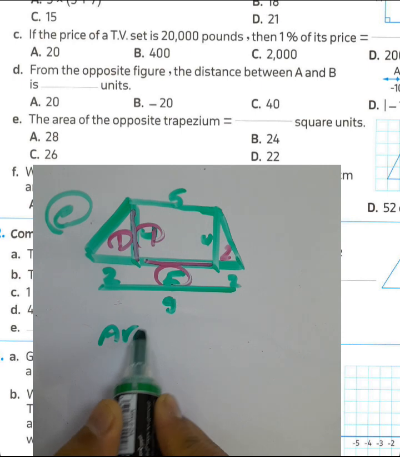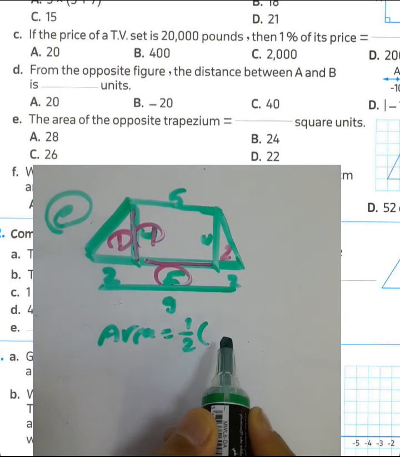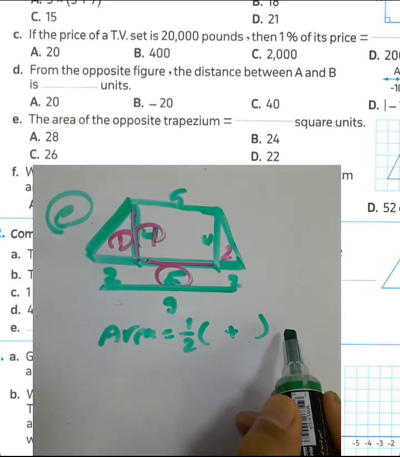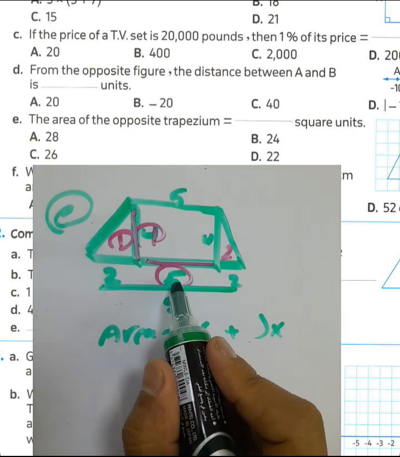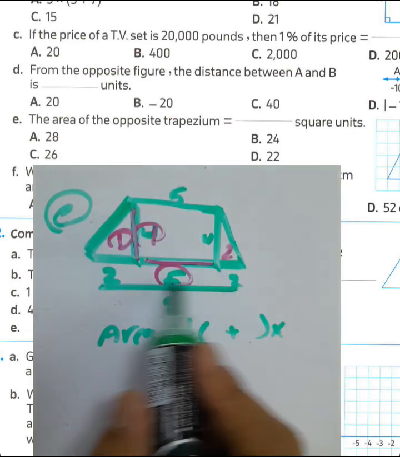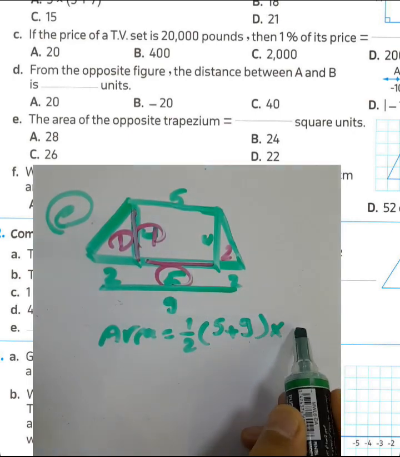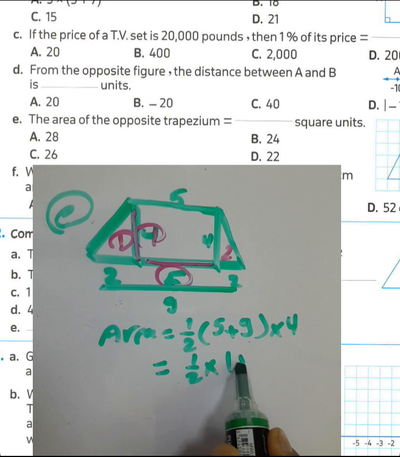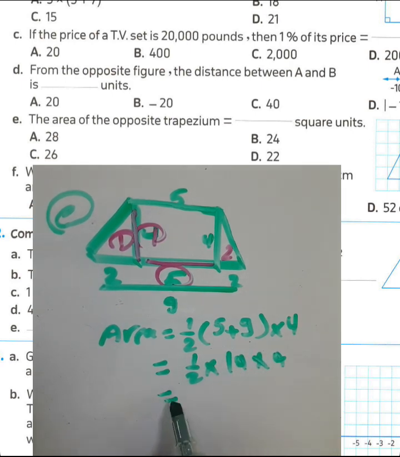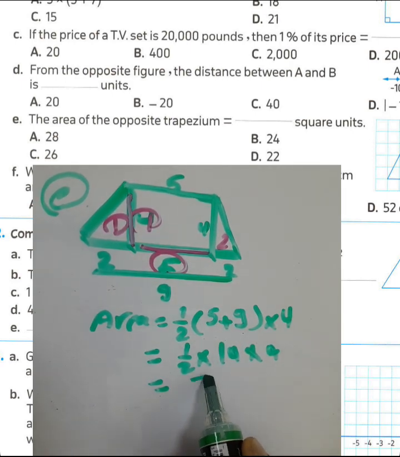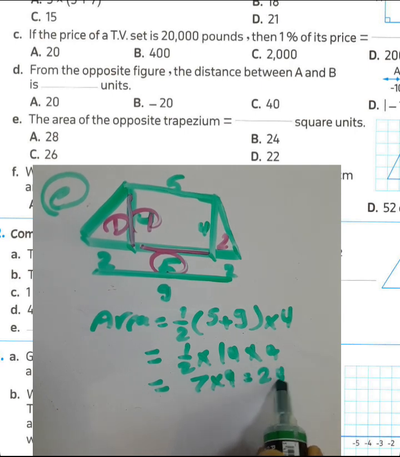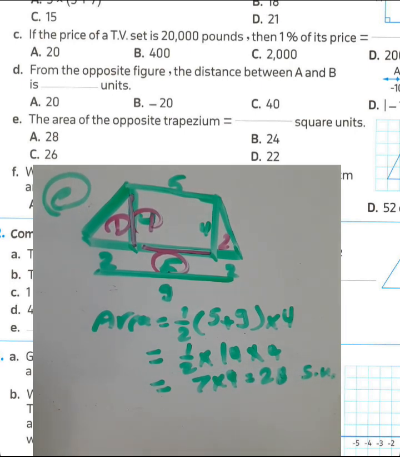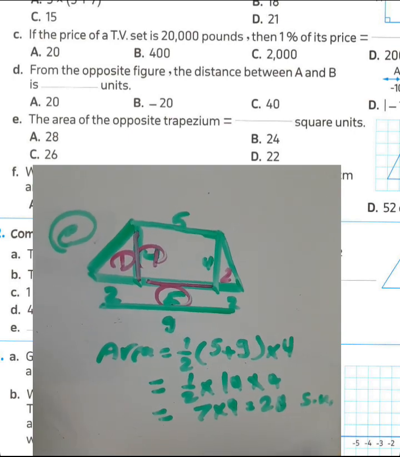Then we can find the area by using the rule of half the sum of two bases times the height. Two bases, 5 and 9, times the height here, 4. Half times 5 plus 9, 14, times 4. Half of 14 will be 7. 7 times 4 equals 28 square units. You can solve by this method or another method as you like, okay?